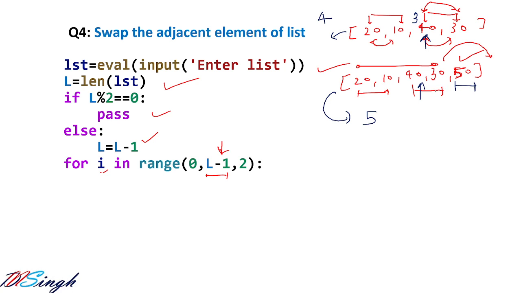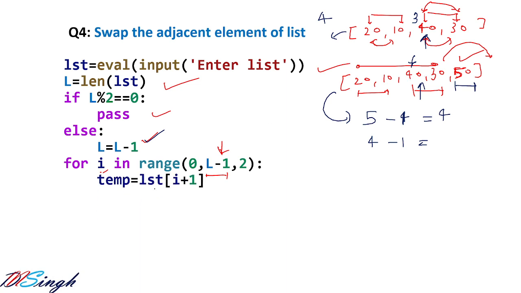But if it is 5, then you are going to subtract 1 here in this else part because it is odd. So it will be minus 1, then it is going to be 4, and again you are reducing it by 1 because you want to go up to this part only, so that for the step purpose you will have one element more in the list which will be swapped with the previous element.